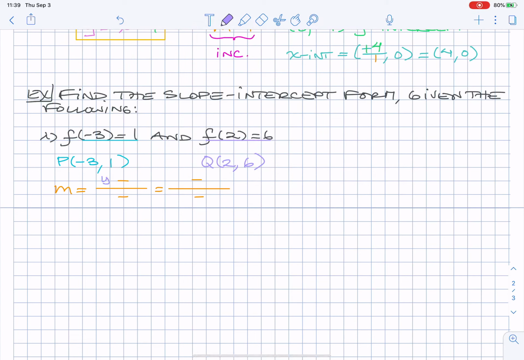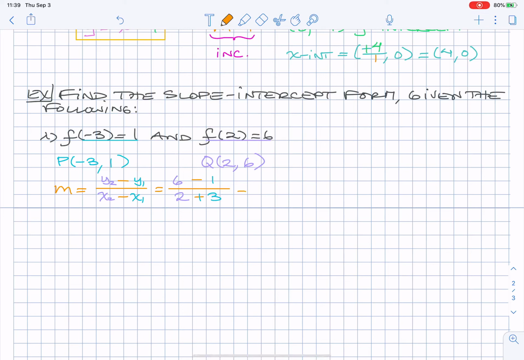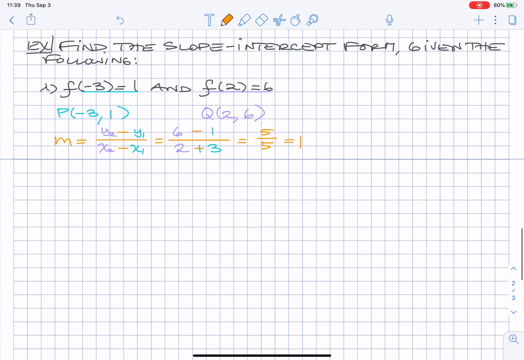So for us, y2 is 6, and y1 is, no it's not, y1 is 1, and x1 is negative 3. So what we get then is 6 minus 1 in the numerator, and 2 plus 3 in the denominator. So the slope here is 1.